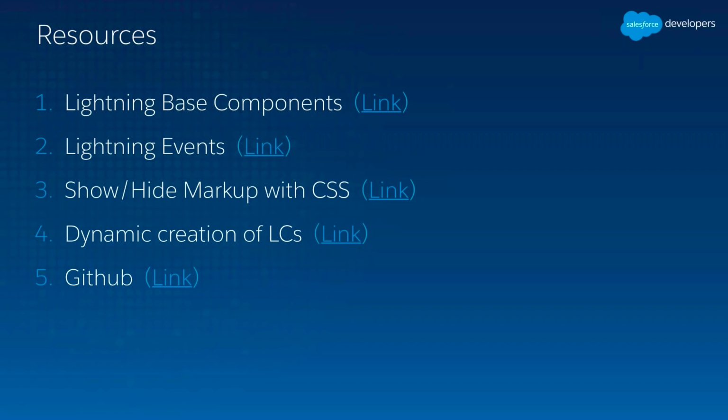Number 3 here is a page on the same guide that shows that approach that we used of showing and hiding Lightning Components markup dynamically with CSS. Number 4 is more examples and details of how you can create Lightning Components markup dynamically, like we showed when we built that icon.